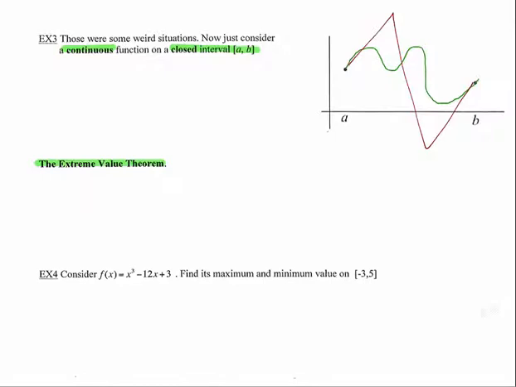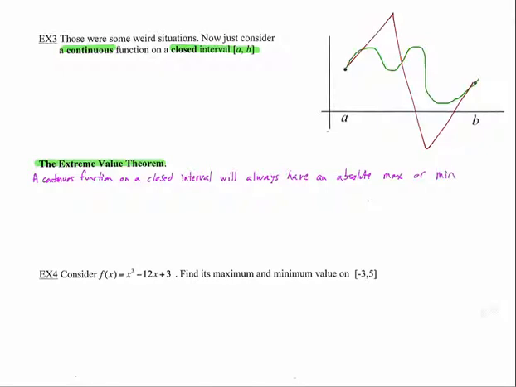So the extreme value theorem says that a continuous function on a closed interval will always have an absolute max or min.